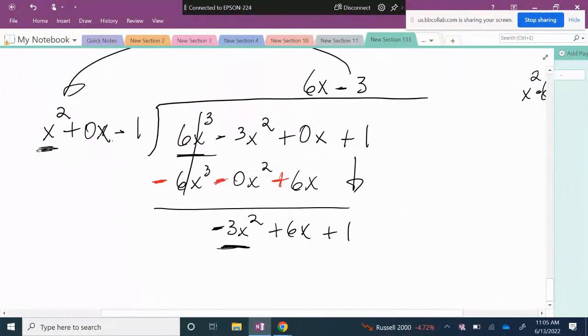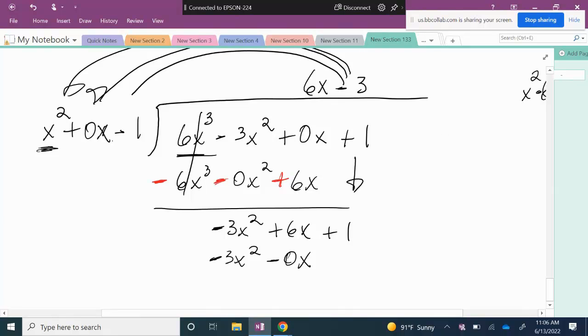So -3 times x squared is -3x squared. -3 times 0x is 0x. And then -3 times -1 is +3.